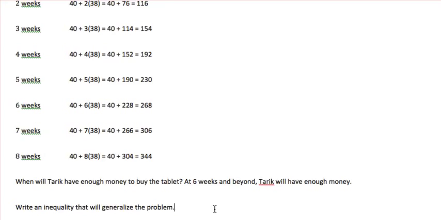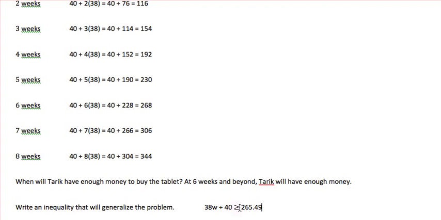Writing an inequality that generalizes the problem, we would say 38 times the number of weeks plus 40 needs to be greater than or equal to 265.49.